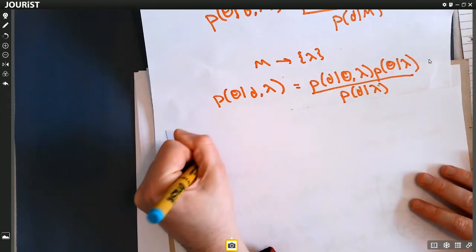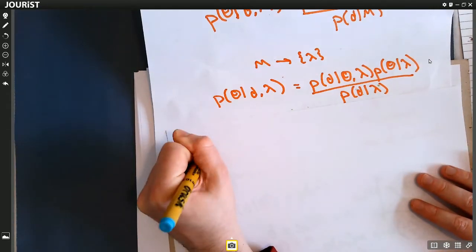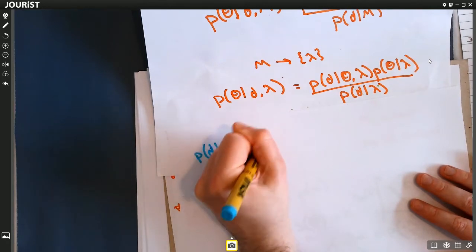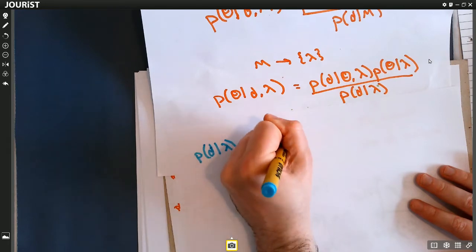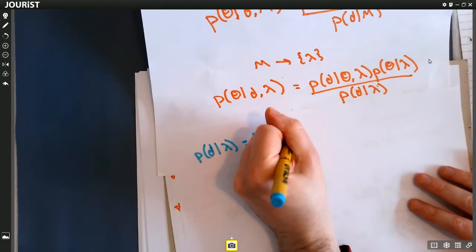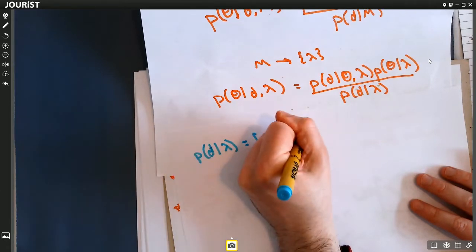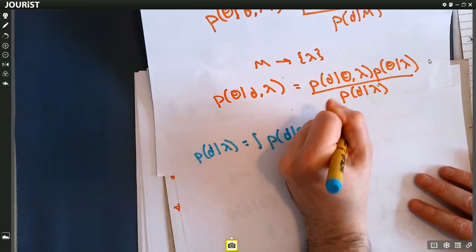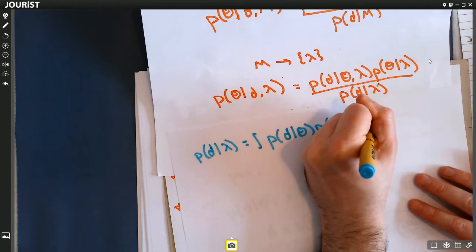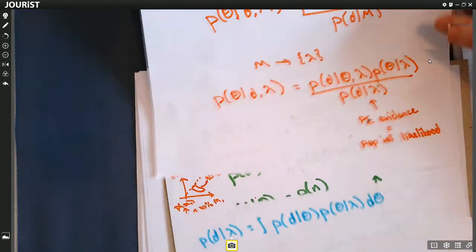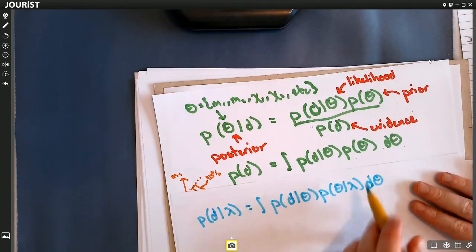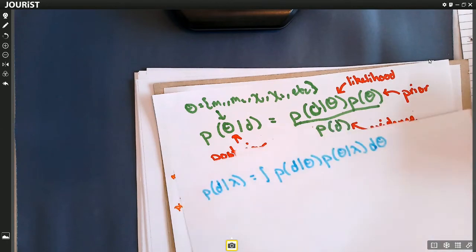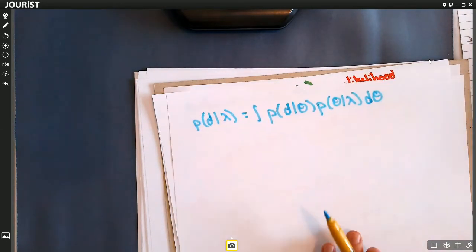The probability of data given lambda is the integral of the probability of data given some particular value of theta, our likelihood, times pi of theta given lambda, integrated over d theta. That's just going back to our original definition, but now putting in our explicit dependence on lambda. Okay, so this is fine so far.